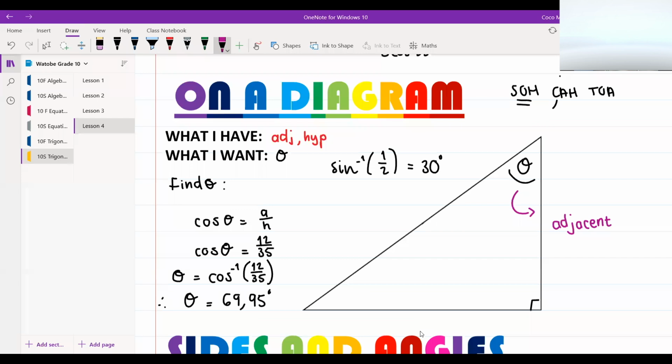The one furthest away from it over here, what is this one called? It's called the opposite. And this one, the one that's always opposite our right angle, this long one, is called? The hypotenuse. Beautiful. It's called the hypotenuse. So it's important for us to remember these things when we're doing these kinds of questions.